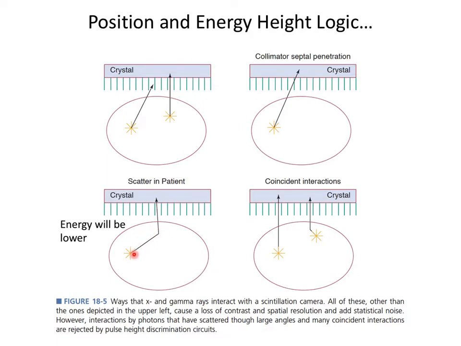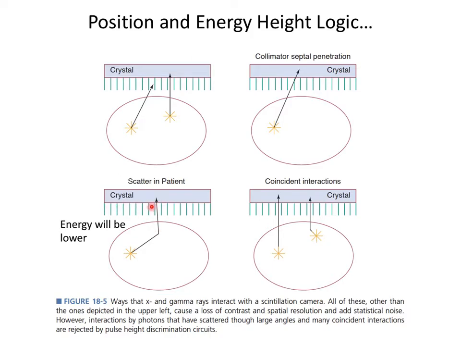What happens when you get this scatter is not the energy going up, but the energy can decrease, right? As the photon goes this way, it deposits some energy in a collision. The energy of the photon from that collision is going to be lower than the energy of the primary photon that had this interaction. And therefore, oftentimes, when the detection of the event occurs, you can eliminate this one because the energy is lower. Okay?